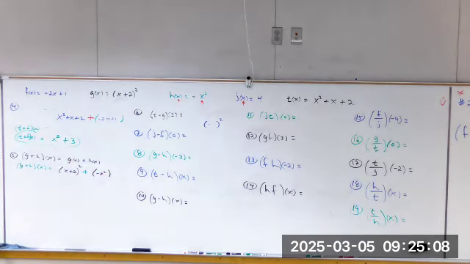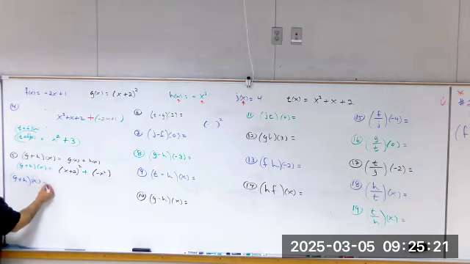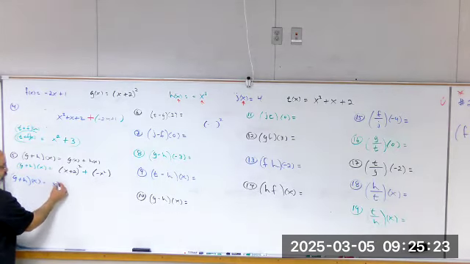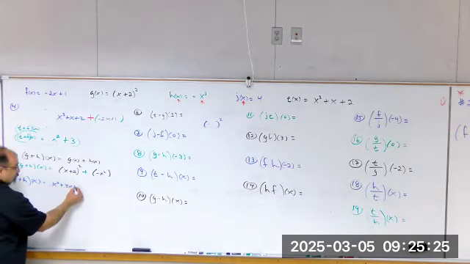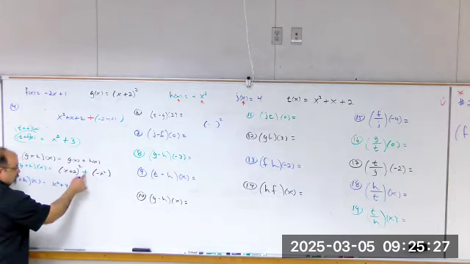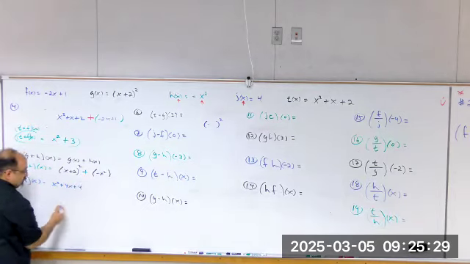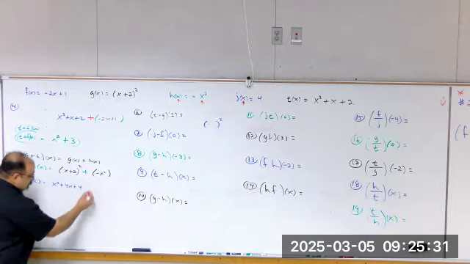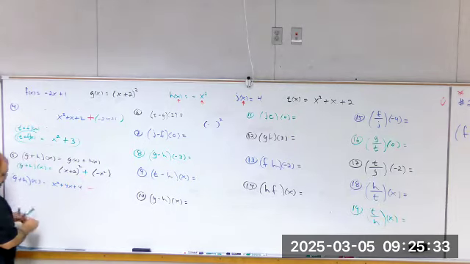Adding it. We have to now simplify. g plus h of x is equal to x squared plus 4x plus 4 plus a negative x squared is just minus x squared.